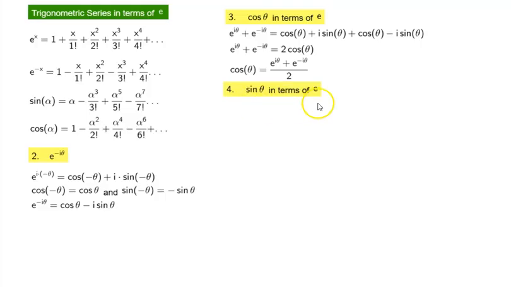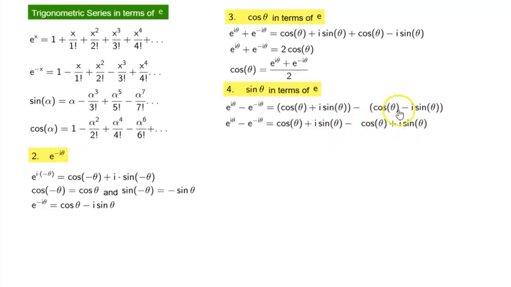Sine theta in terms of e. Now we subtract e to the power of i theta minus e to the power of minus i theta is equal to cos theta plus i sine theta minus cos theta minus i sine theta. Now, in this case, once we open these brackets, we get cos theta plus i sine theta minus cos theta plus i sine theta.